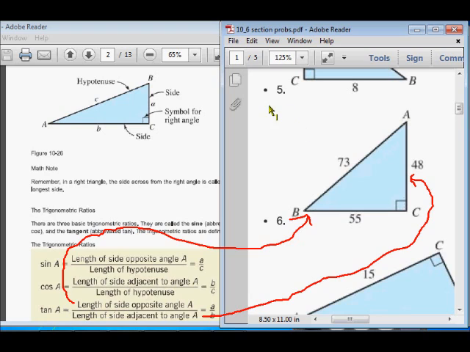So in this case, we have 55 divided by 48.